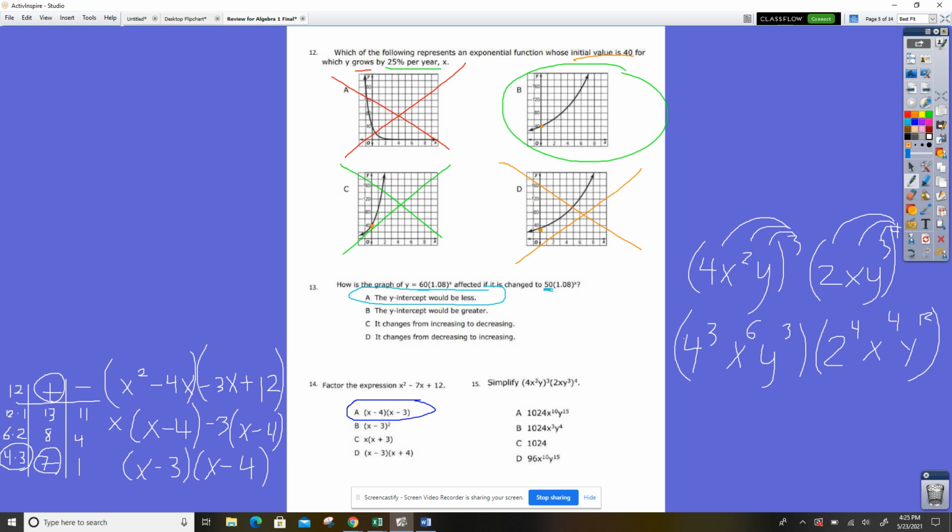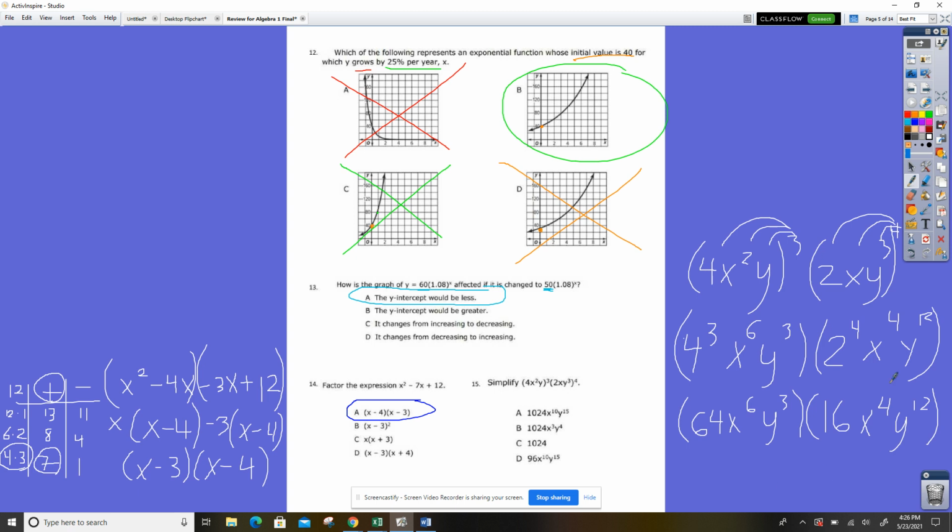Now I'm going to simplify. 4 times 4 is 16, times 4 is 64. So I have 64, x to the 6th, y to the third, times 2 times 2 is 4, times 2 is 8, times 2 is 16. 16, x to the fourth, y to the 12th. Now all I have left is multiplication.